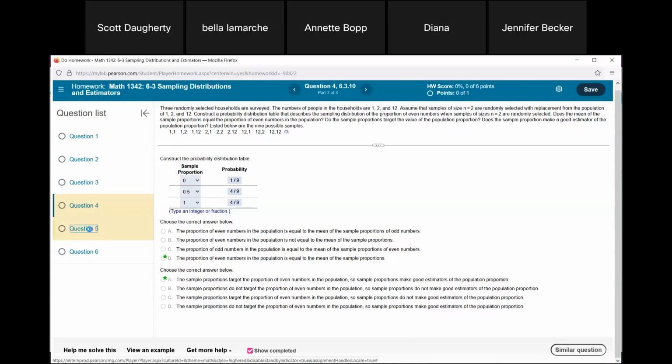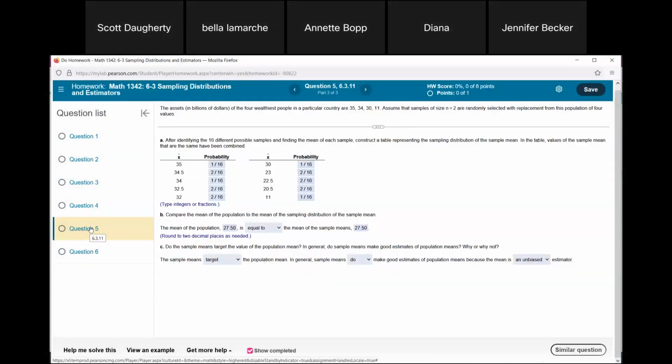Okay, so that's that one. This one is exactly what I did, the example I did. The only difference is the population now consists of 4 numbers. And you randomly select 2 of them. And then you're going to list all the possible samples of size 2; now there are going to be 16.